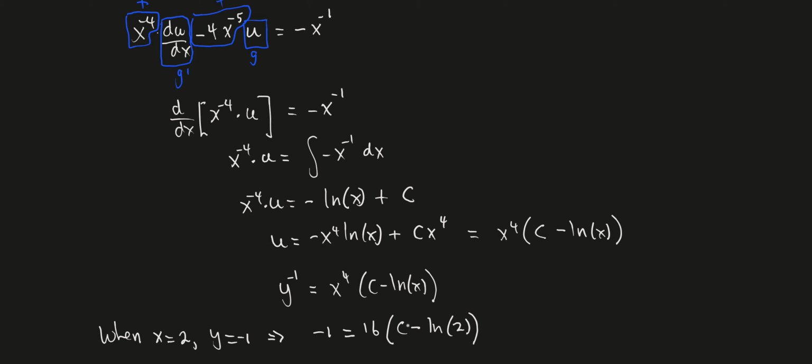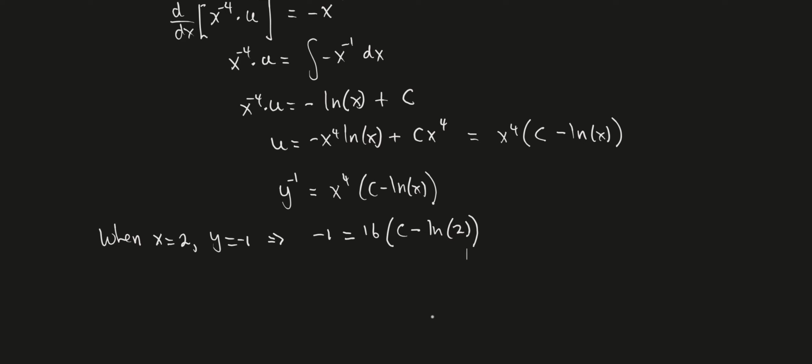This is in part why factoring it helps, because now I can fairly easily solve for c. So divide both sides by 16, so -1 over 16 is equal to c minus the natural log of 2. Then add the natural log of 2 to both sides, and we get that c is -1 over 16 plus the natural log of 2.